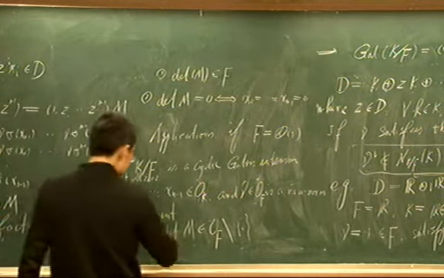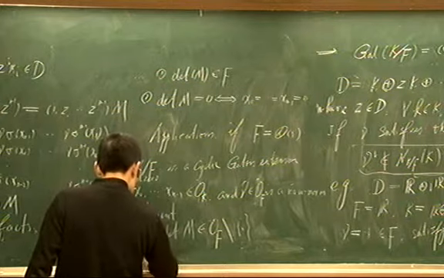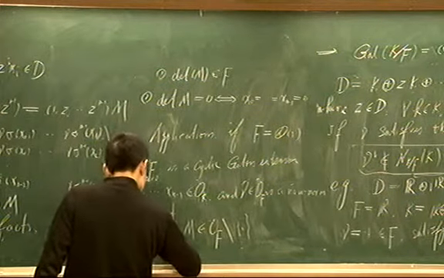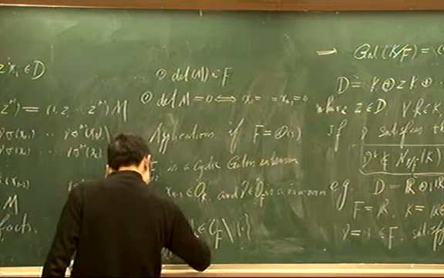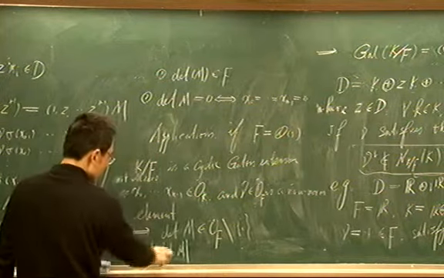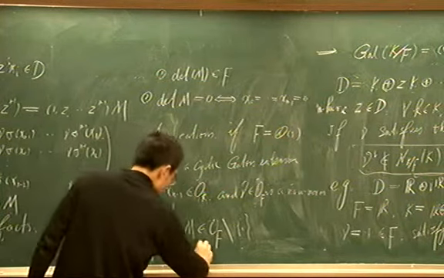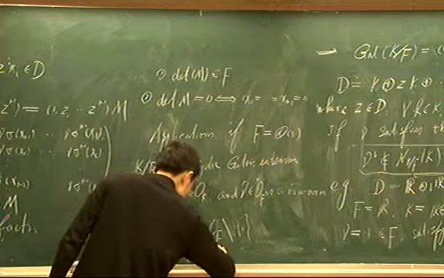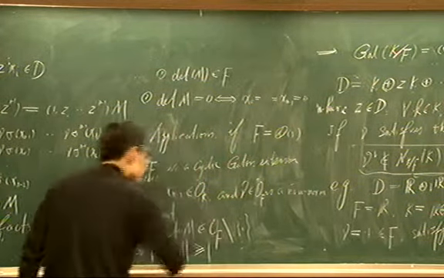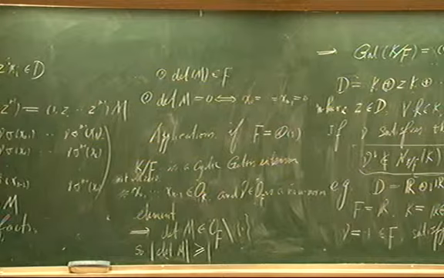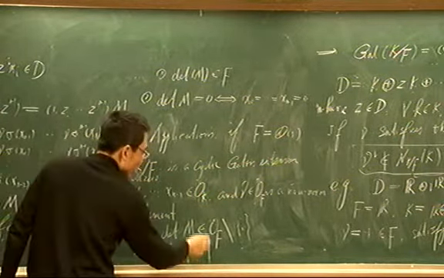So we can get that the absolute value of the determinant must be at least 1. Why is it 1?